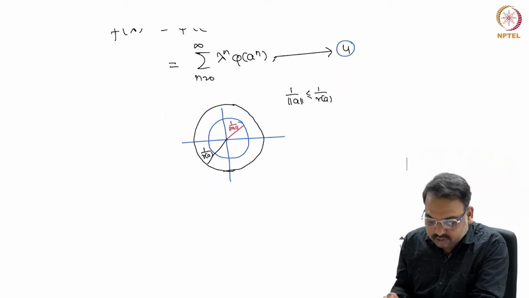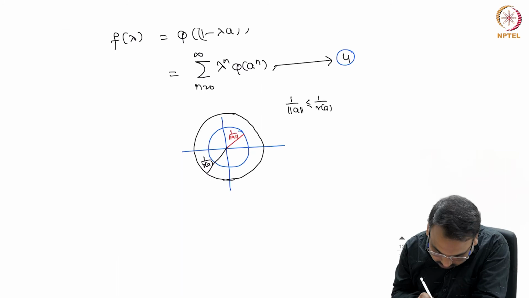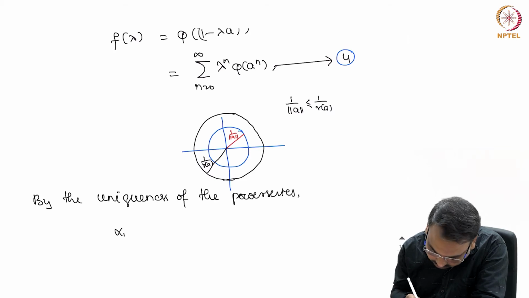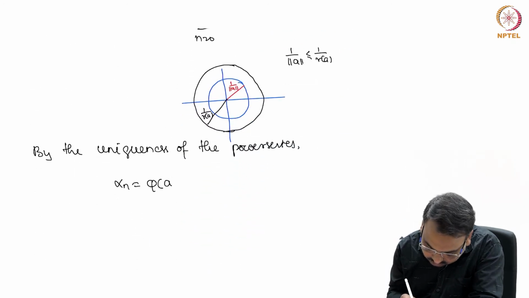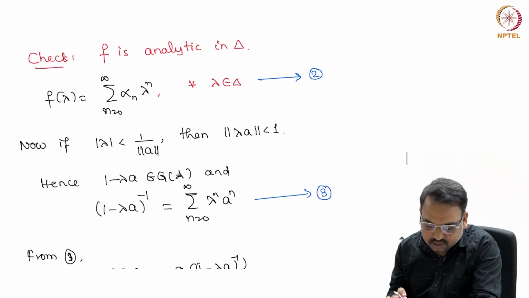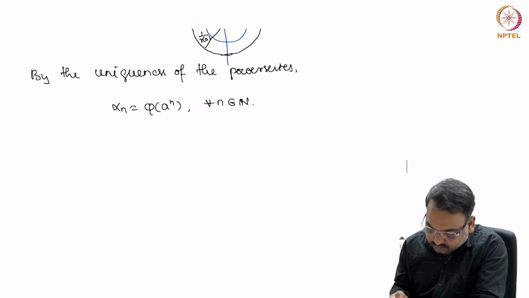Since the power series representation for an analytic function is unique, by the uniqueness of the power series, we get alpha n to be phi of A n for every n. That means we can represent f lambda as summation n equal to 0 to infinity phi of A n into lambda n.